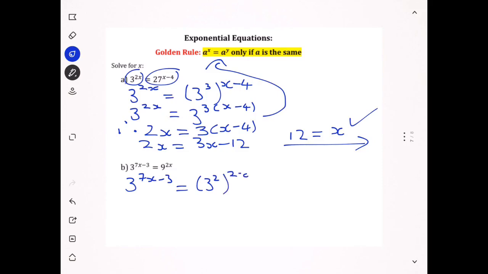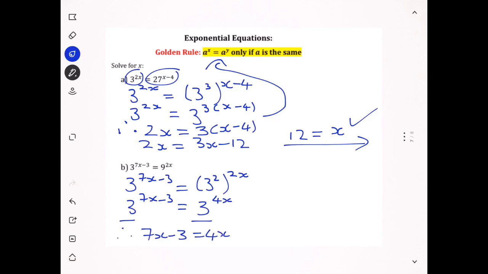We keep that 2x on the outside. In our next step, we can neaten that up by getting rid of those brackets. So it becomes 3 to the 4x. Now the bases on both sides are equal. We can drop the bases and make the exponents equal.